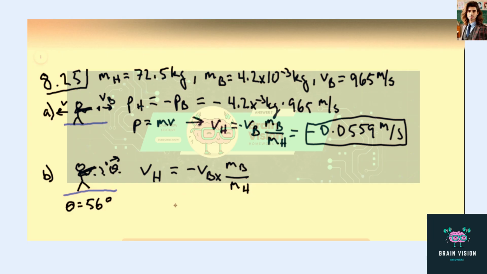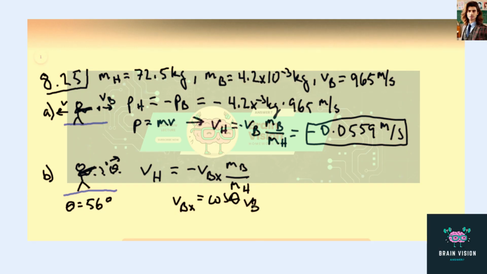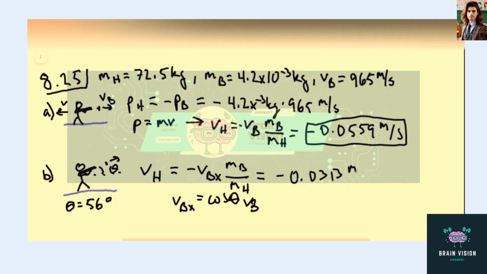And of course, the x component, because we're measuring the angle from the x direction, is just the cosine of the angle times the bullet's speed. And you'll note that this is just going to be this answer multiplied by the cosine of 56 degrees. Which comes out to 0.0312 meters per second.